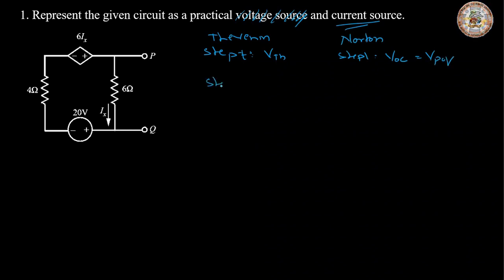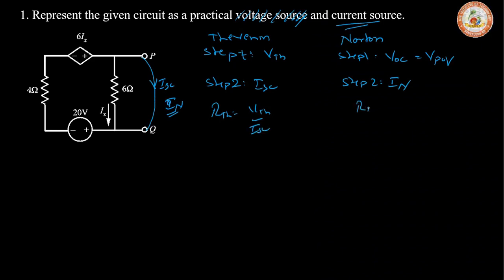The method remains same. So what about step 2? For Thevenin you'll find ISC. For Norton theorem, step 2 is simply IN, which is again same. How? You short circuit and then find the current going down as ISC for Thevenin theorem, but for Norton it would be IN. And then how do you find RTH? RTH is V by I, and similarly for Norton theorem, RN is simply VOC by IN. So if you see, both are almost same.